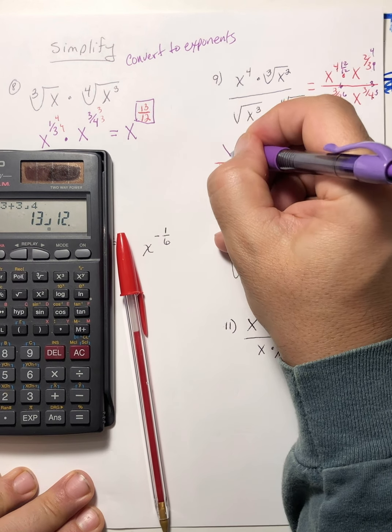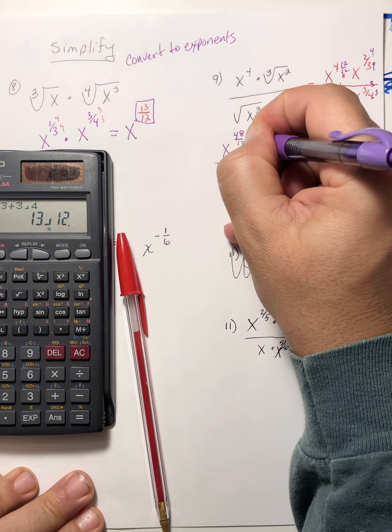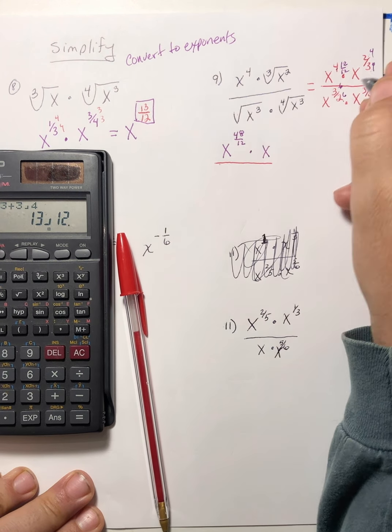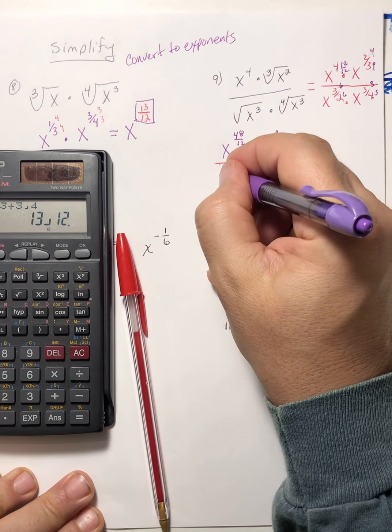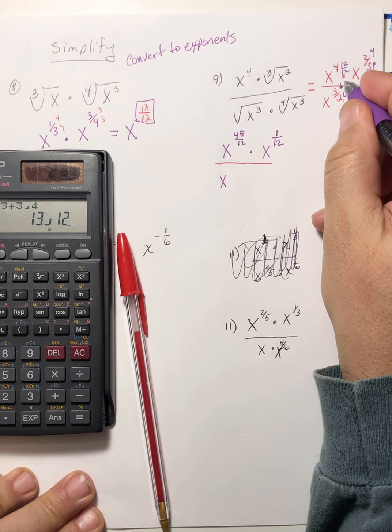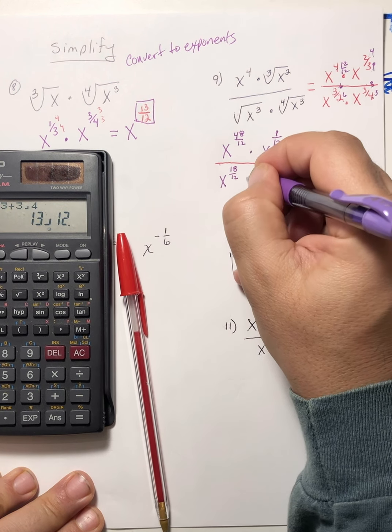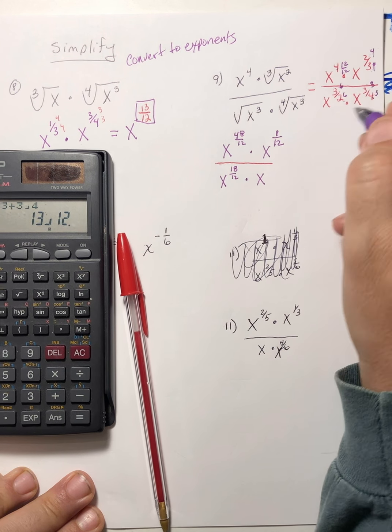So I have x to the 48 over 12 times x to the 8 over 12 over x to the 18 over 12 times x to the 9 over 12.